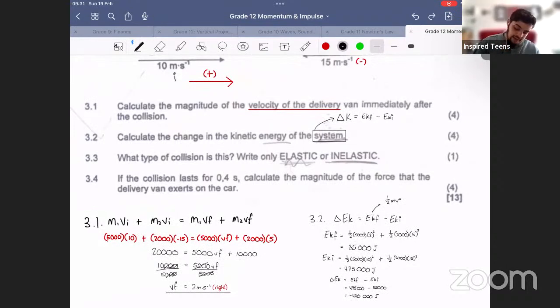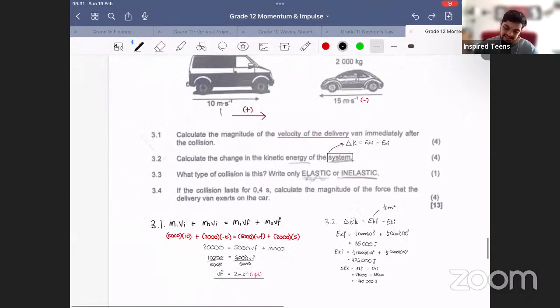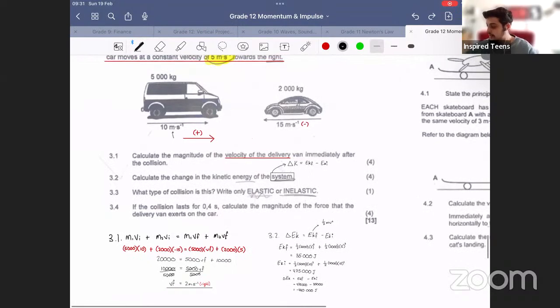Number 3.3. What type of collision is this? Is this elastic or inelastic? Please, you guys tell me. What do we think? Is this an inelastic or an elastic collision?